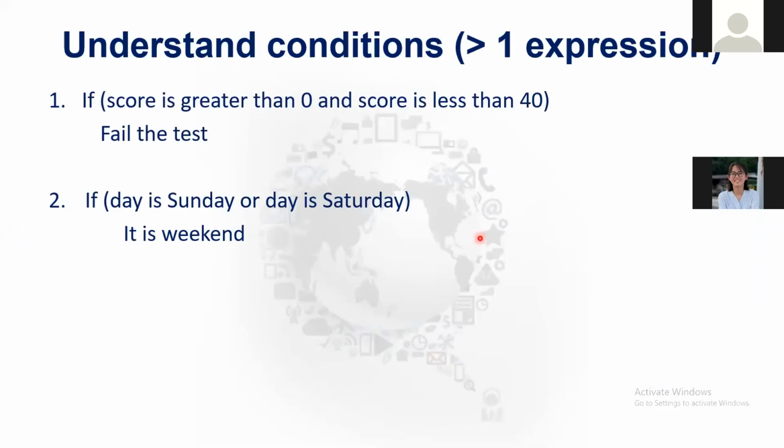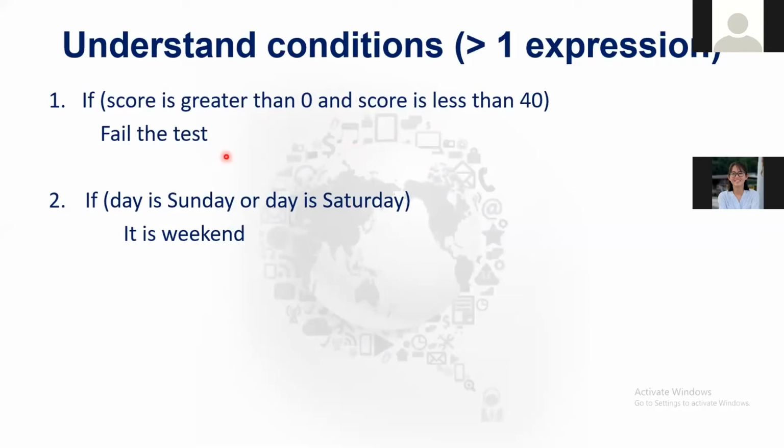So here you have more than one expression that you need to compare. So it must be an and, or it can be an or. Here if it is greater than 0 or less than 40, you fail the test. Because sometimes people like to, what if the user keys in a negative value or 110?